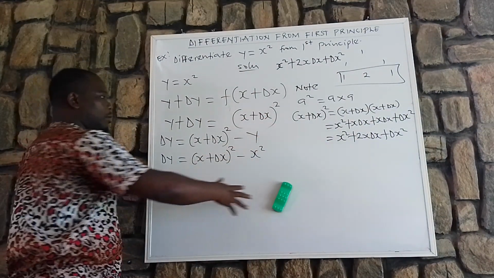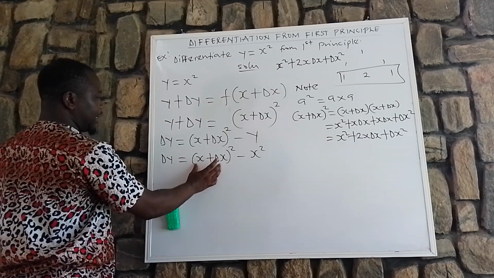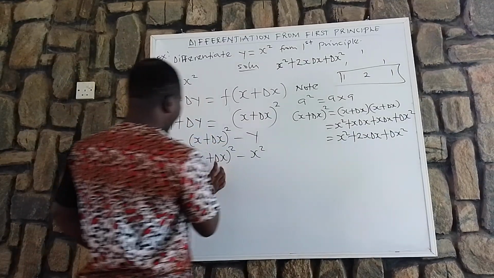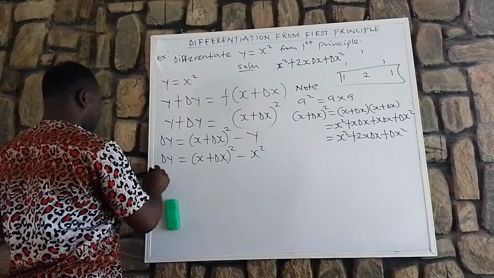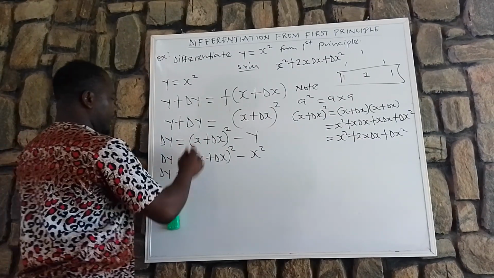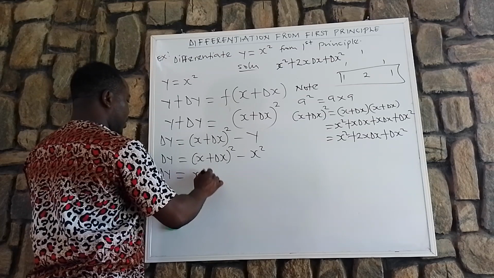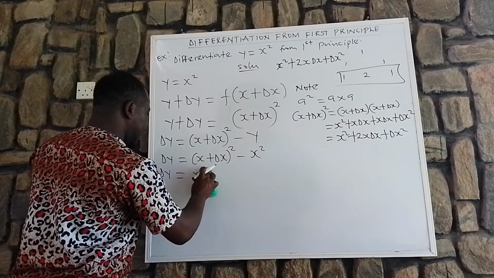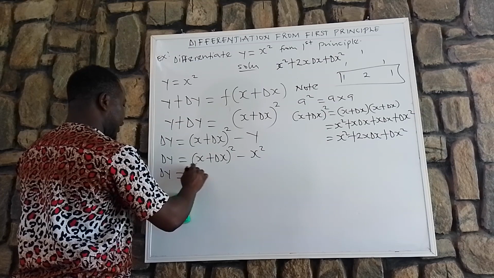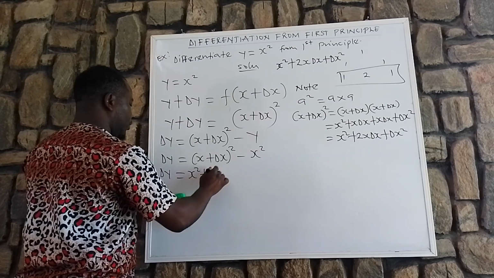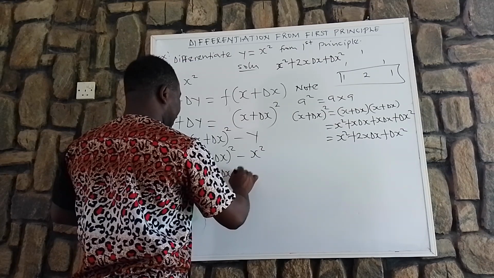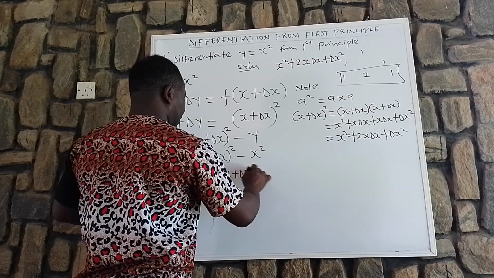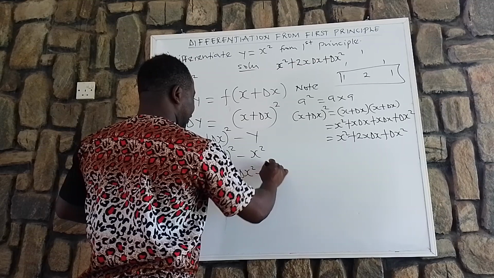Okay. So now, it implies that instead of this bracket squared, we are going to write out this. So our dy is equal to x squared plus 2x dx plus dx squared, minus x squared.